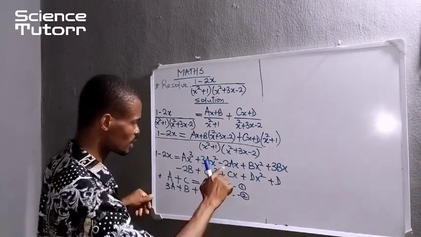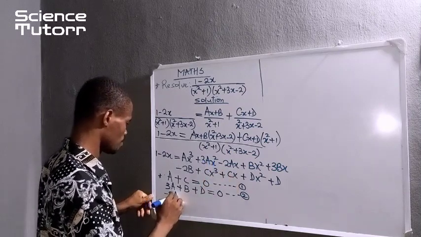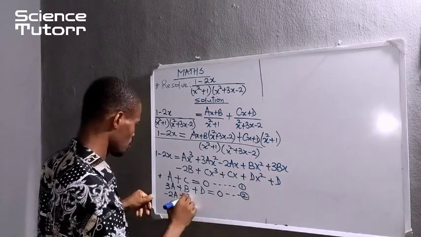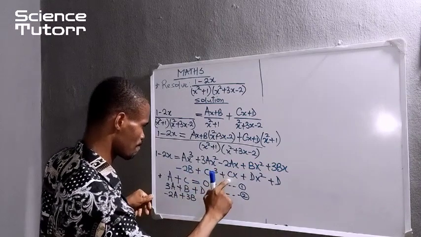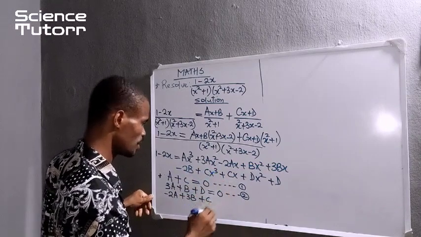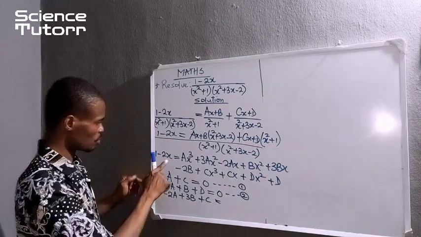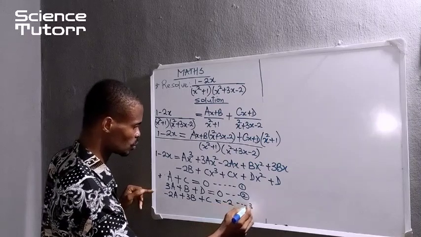Then the ones with x, we have minus 2a plus 3b plus c equal to, on the left hand side we have minus 2. So that makes equation 3.